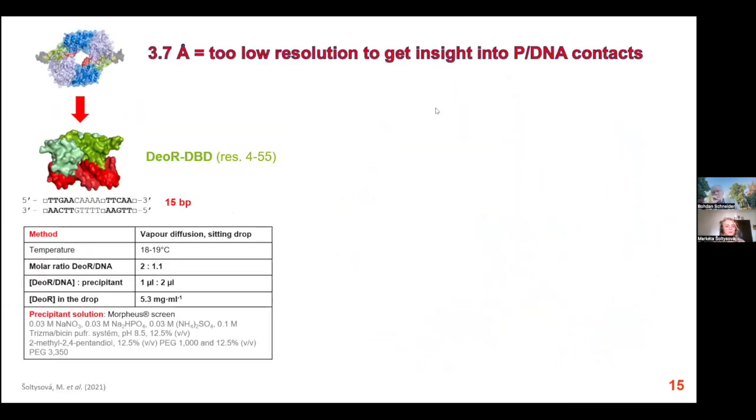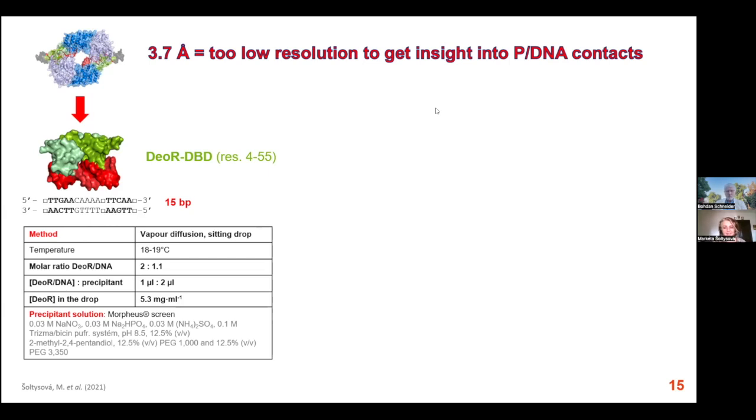So this is all beautiful, but this was not the end of the story, as this resolution couldn't answer the question about the protein-DNA contacts. And by the way, it would also be hard to evaluate it. So we went for an approach of what I call jigsaw puzzles, where we took the separated DNA binding domain and crystallized it with the half operators.